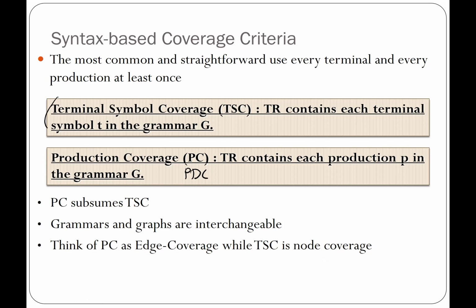And in a way, you can think of TSC, when it comes to graph coverage, as the nodes, the actual terminals, and the PDC or PC is the one with the combinations, combining the different nodes together. So it's kind of like the edge coverage.